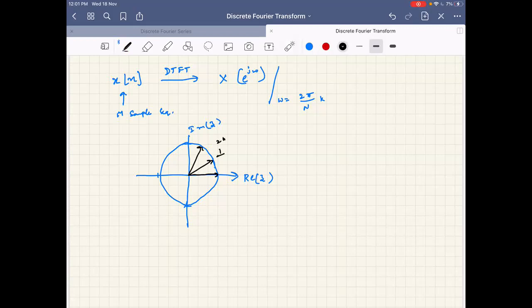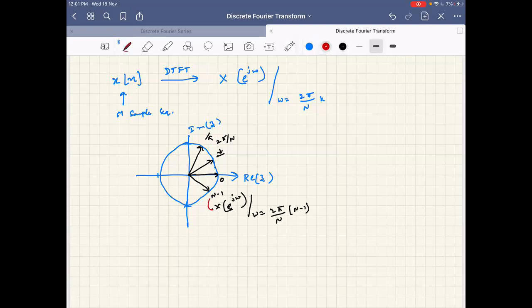Which are 2 pi by n apart. And how many samples we are taking? Total n samples ranging from 0 to n minus 1. So this is x of n minus 1, that is x of e power j omega sampled at omega equal to 2 pi by n into n minus 1 here.